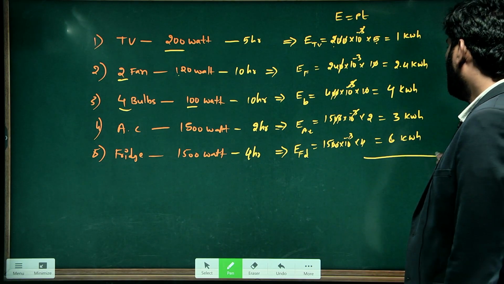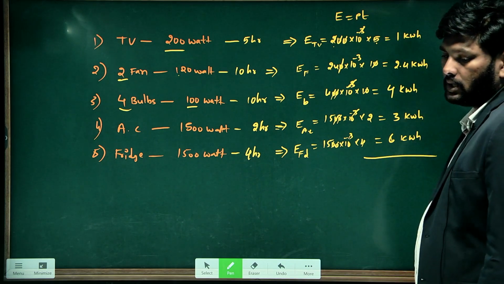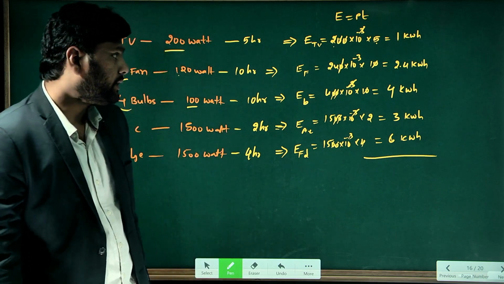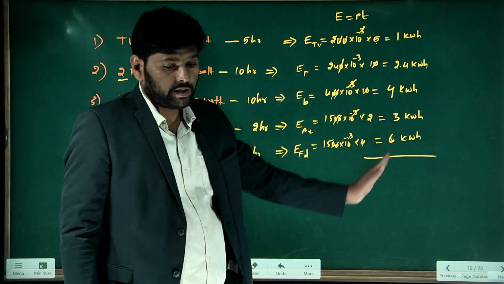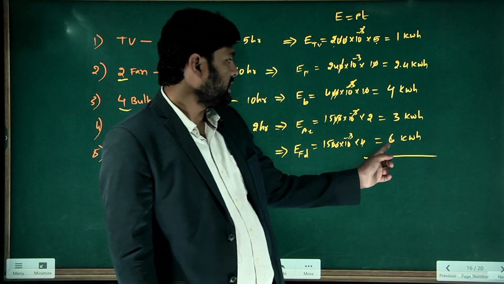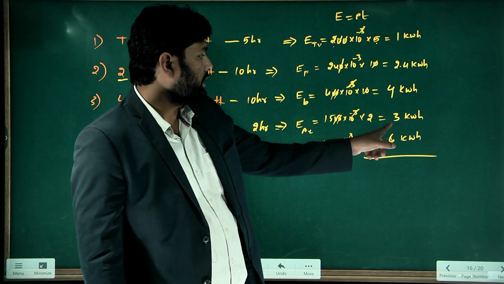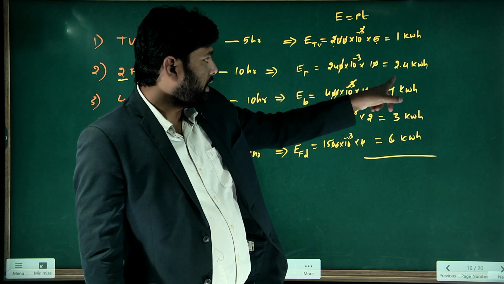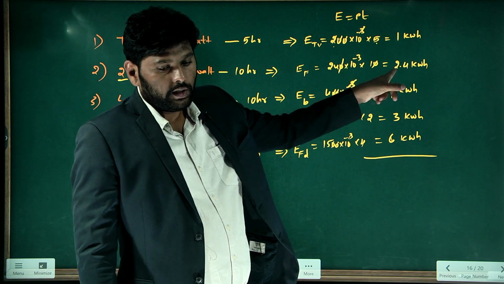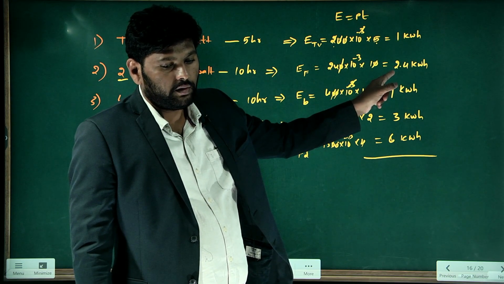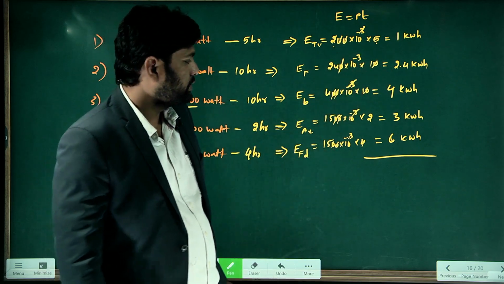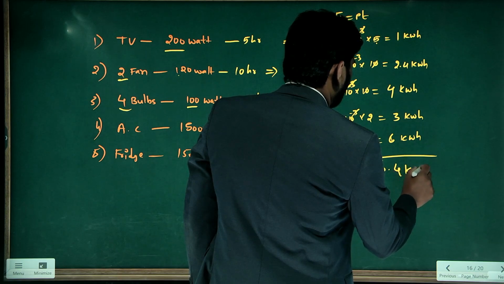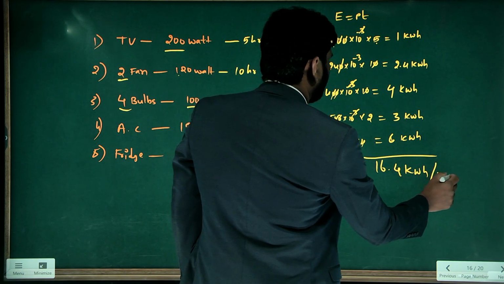So this is the total energy consumed in one day by all the appliances. What is the total energy consumption? 6 plus 4 is 10, plus 3 is 13, plus 2.4 is 16.4. So the total energy consumption is 16.4 kilowatt hour per day.